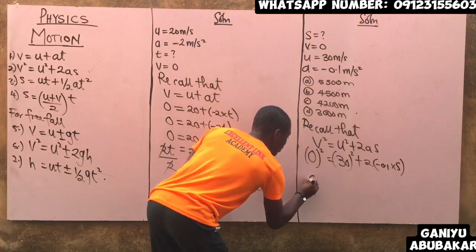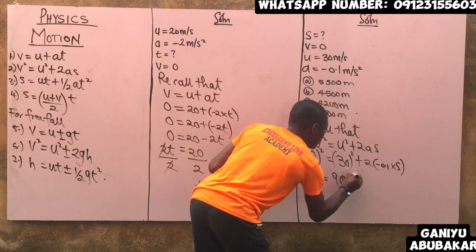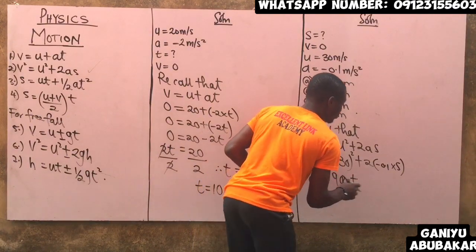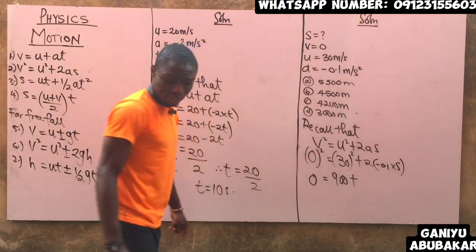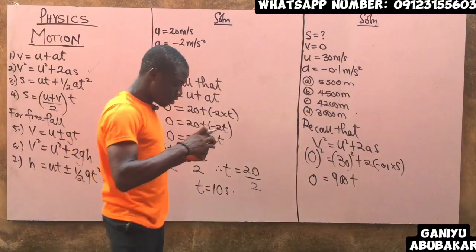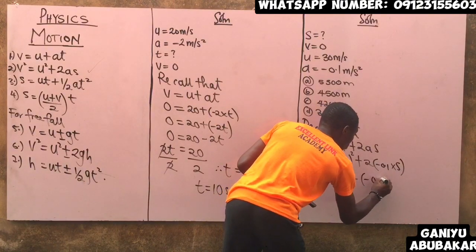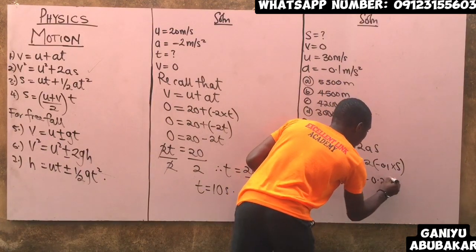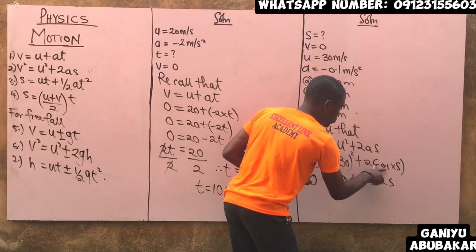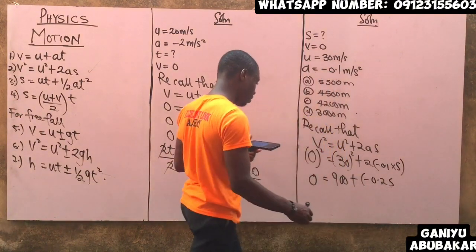So 0 squared is 0, equal to 30 squared is 900, plus 2 times minus 0.1, which is simply minus 0.2, so I have minus 0.2s, right? So 2 times minus 0.1 is minus 0.2, attach this s to it.